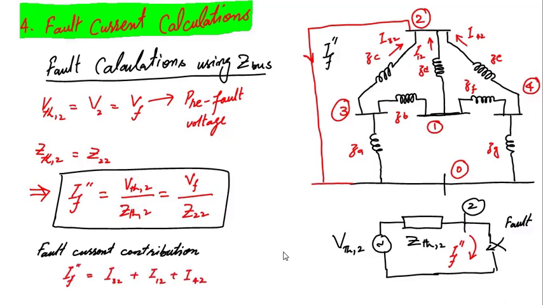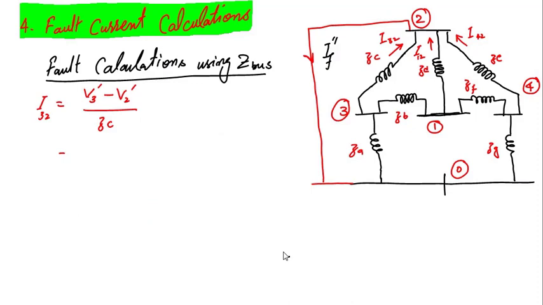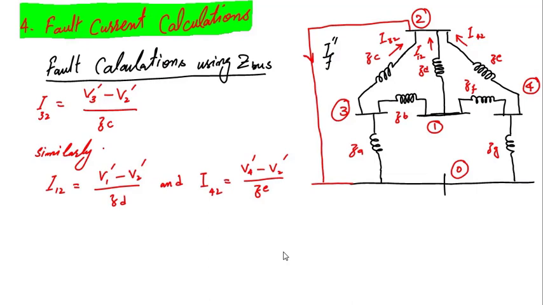So this is IF double dash. Now, how to calculate these values, I32, I12 and I42. We know that I32 will be equal to V3 minus V2 over the branch impedance ZC. Similarly, I21 will be equal to V1 minus V2 over ZD, and I42 will be equal to V4 minus V2 over ZE.